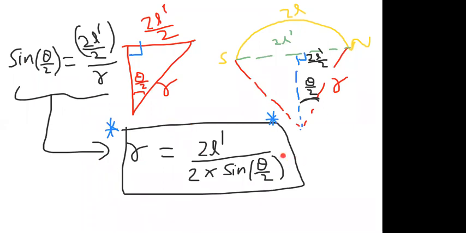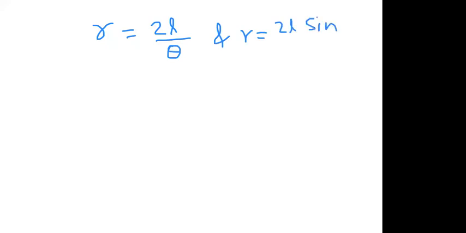So now I am equating these two expressions. Observe carefully. In the first case, we got R is equal to 2L by theta. Again, we got here R is equal to 2L dash by 2 sine theta by 2.